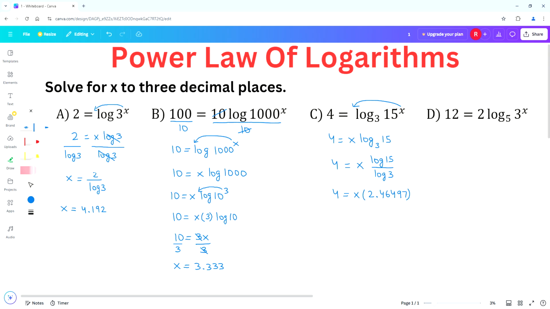Next, we can isolate x on the right side of this equation by dividing both sides by 2.46497.